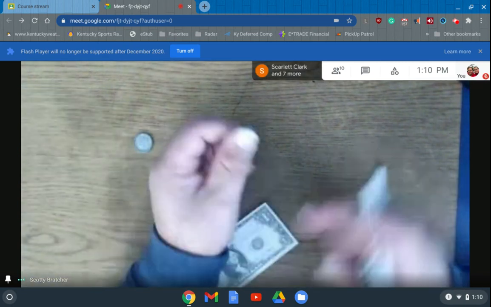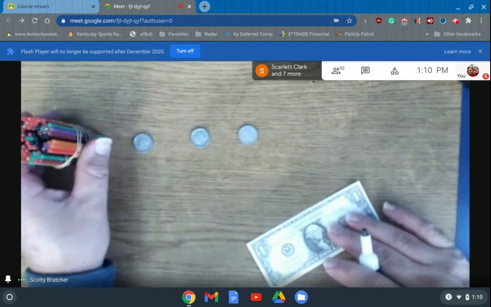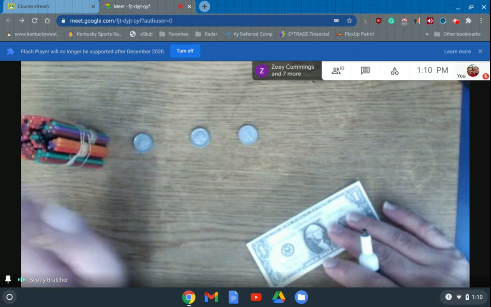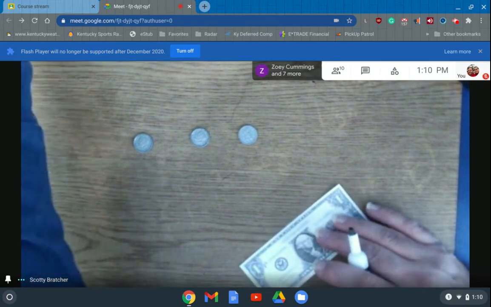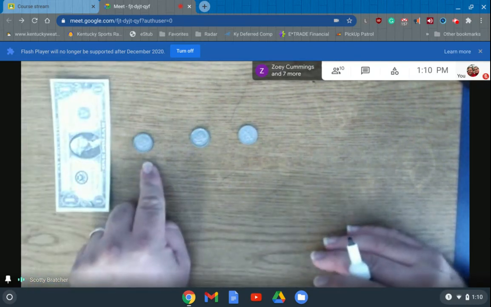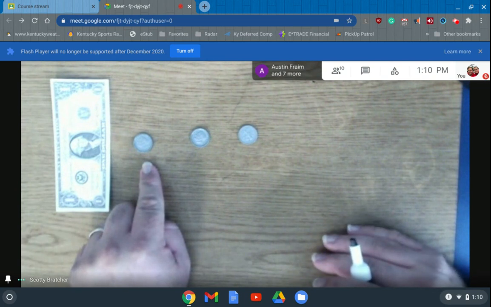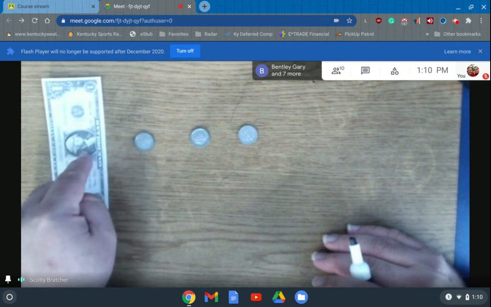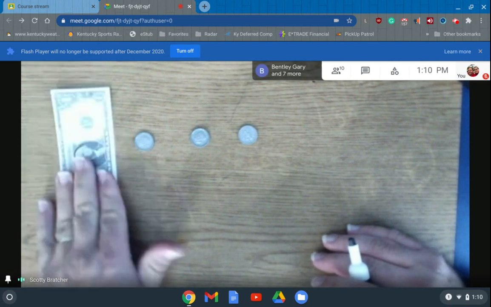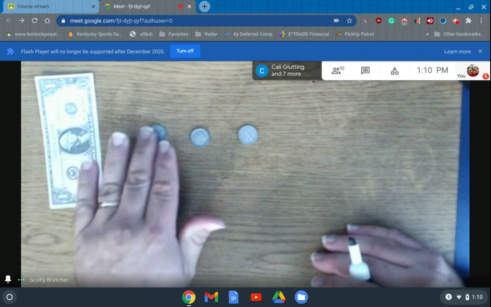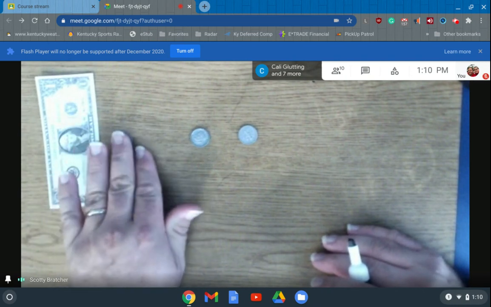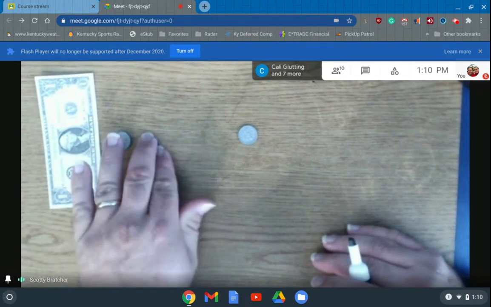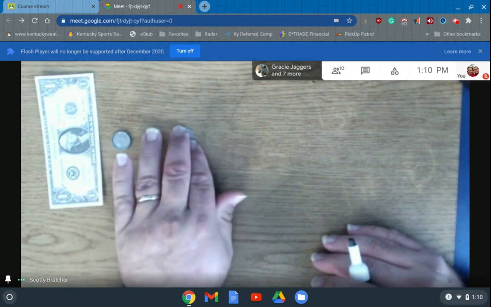When we were using our super bundle, at least it kind of looked like the tens. This dollar doesn't look like a dime at all, does it? But there's 10 of these inside of this. So this is 10 tens. One more makes 11 tens, 12 tens, 13 tens.